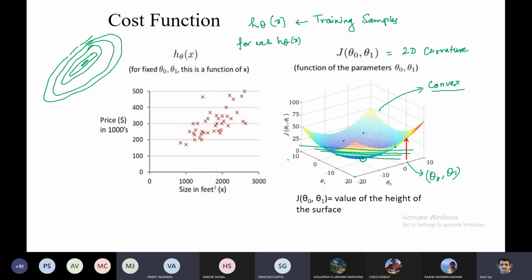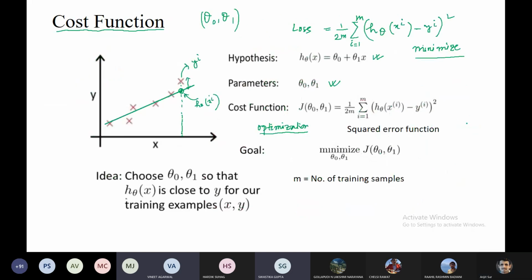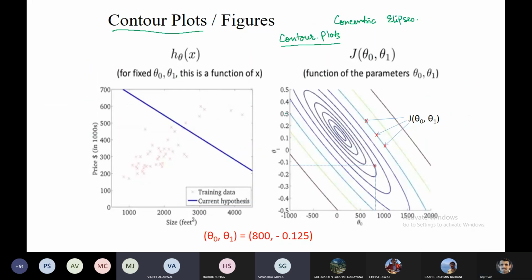So the thing is that in a particular contour, at a particular theta 0 and theta 1, a particular theta 0 theta 1 means a line. So if there is a particular line here, that means these points are somewhere here.